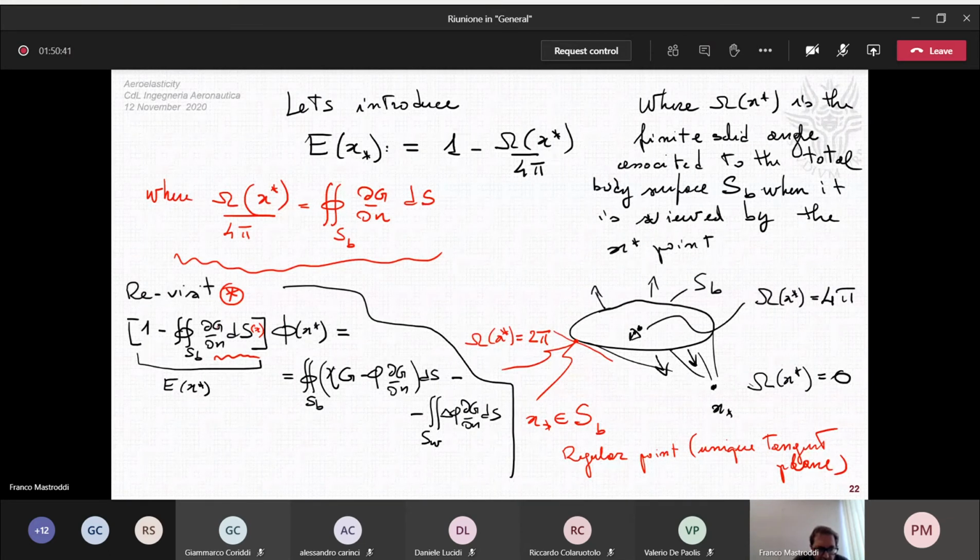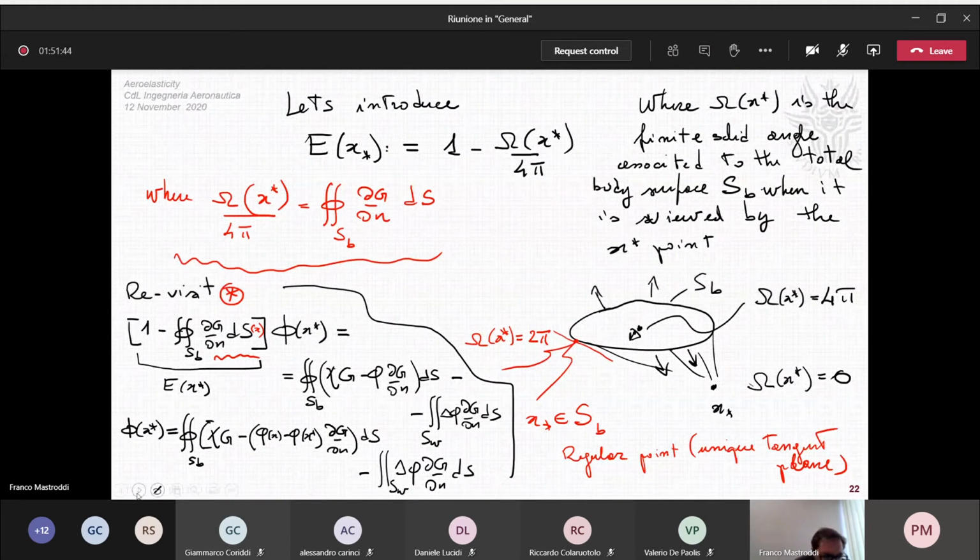So we can move this inside, and we can write here phi in the x star equal to, so 1 by x star is this, then we have minus this by phi star, and I can move this part in the right hand side, and so we have the integral on S body of G minus, look, phi in the x minus phi in the x star, dG in the n dS, minus the integral on S wake of delta phi dG in the n.